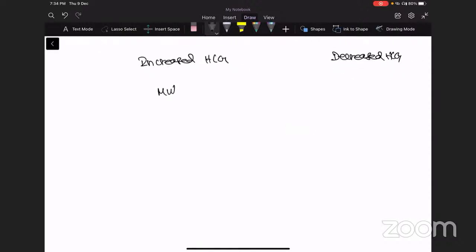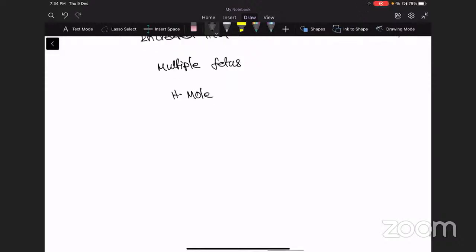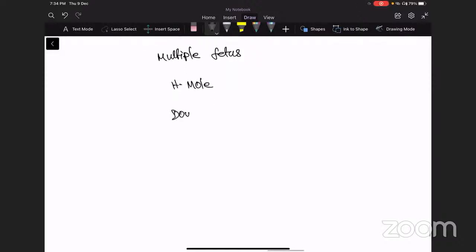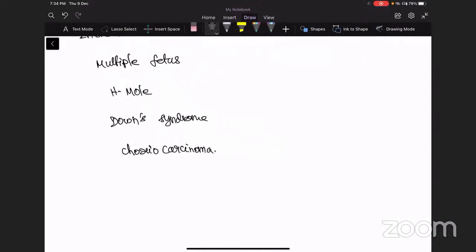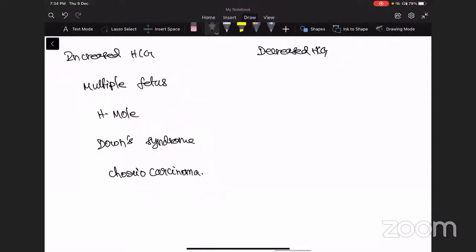If there is multiple fetus, increased HCG. In molar pregnancy, increased. Down syndrome, increased. Can somebody tell me what is the drug of choice for choriocarcinoma? Increased HCG is seen in choriocarcinoma, whereas decreased HCG is seen with the failed pregnancy.